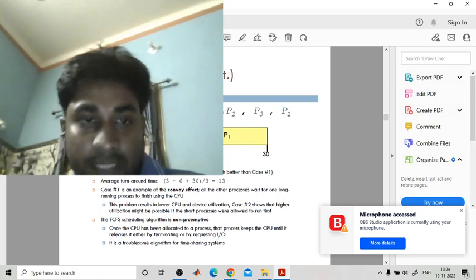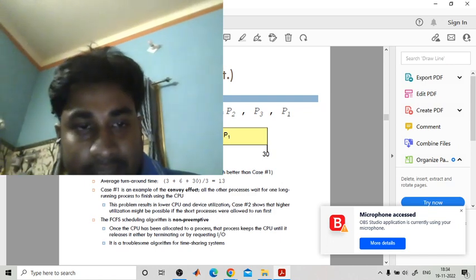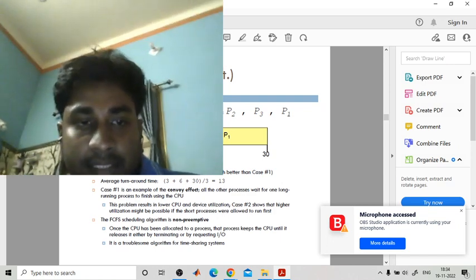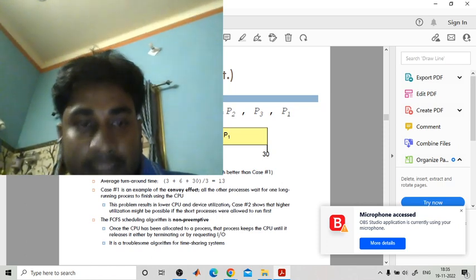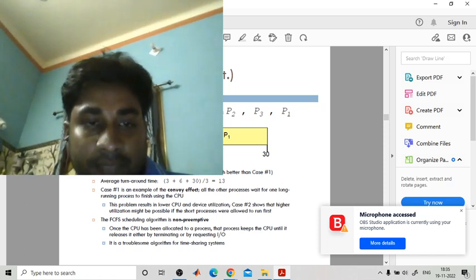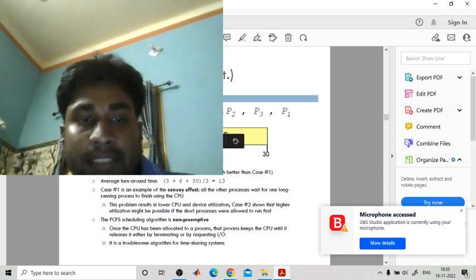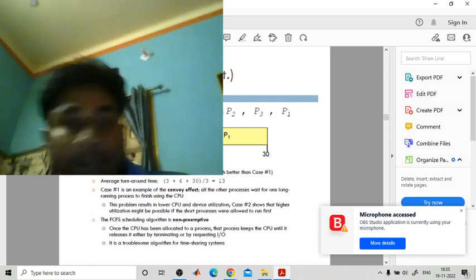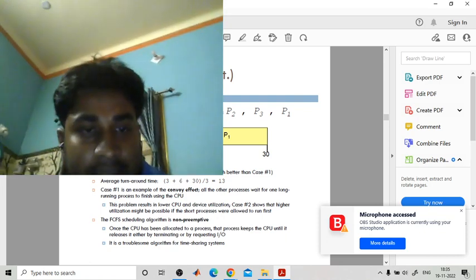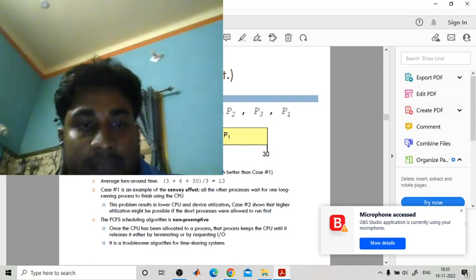Then for the process P2, P2 came at 0 millisecond and it is given the CPU at 0 millisecond. 0 minus 0 will be 0. That will be the waiting time for the process P2. And P3 is given the CPU at 3 millisecond and it came at 0 millisecond. So 3 minus 0 will be 3. That will be the waiting time for the process P3.